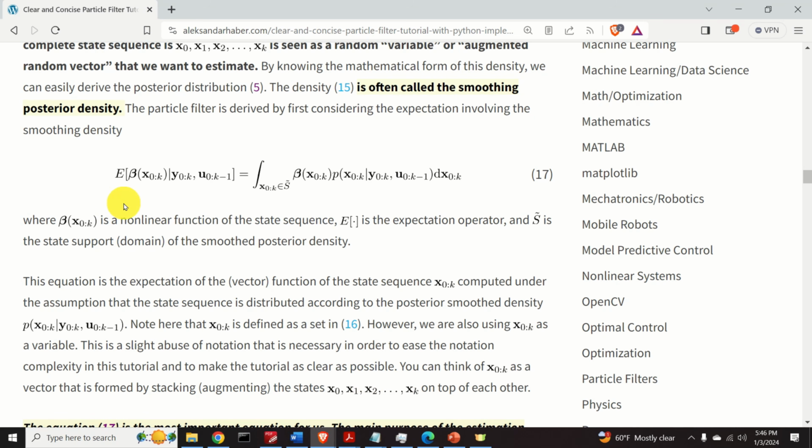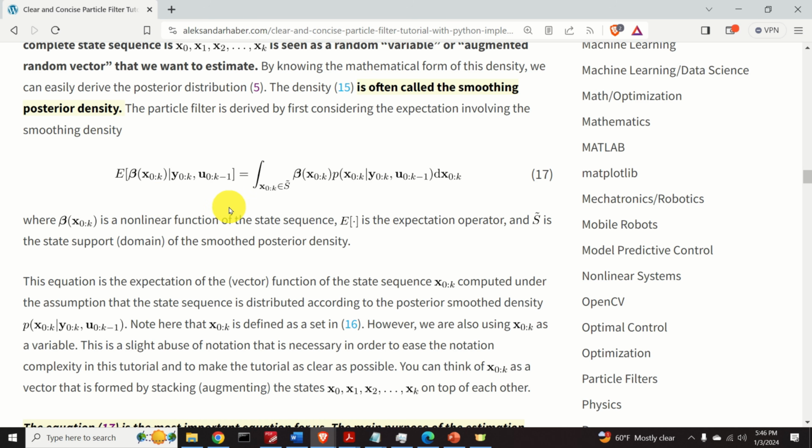This equation is the most important equation for us. The main purpose of the estimation process is to compute an approximation of the smoothed posterior density that will enable us to compute this integral. Namely, if we would know the smoothed posterior density, then we would be able to, at least in theory, approximate any statistics of the smoothed posterior state estimate.